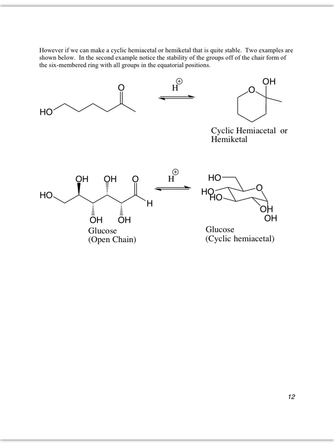The ones that are most stable are like this, where we have a cyclic hemiacetal, where we can protonate the carbonyl, the OH can add in, forming the ring, just like what we have with all of the sugars, glucose, and different sized rings, sugars that are naturally found.